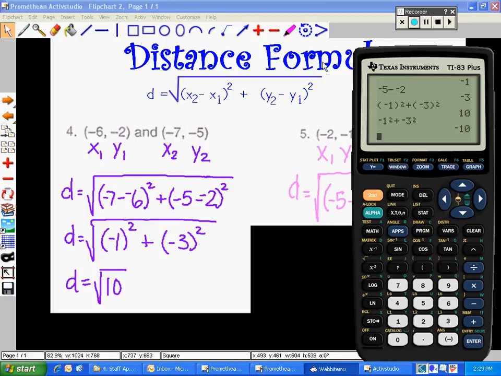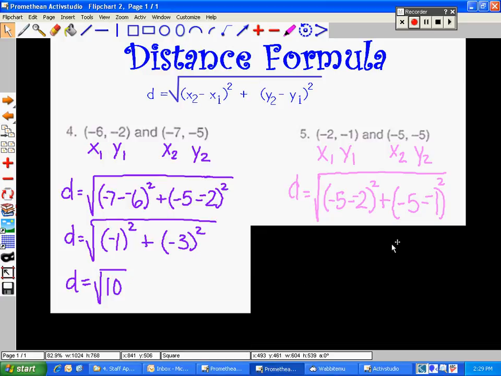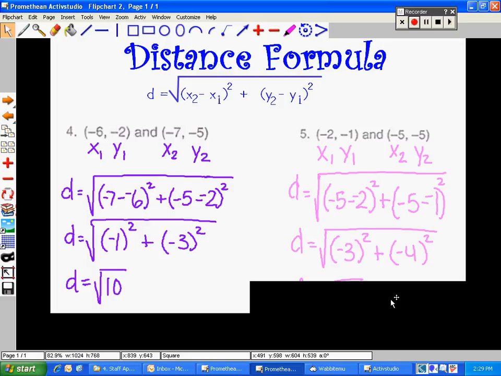I'm then going to type into the calculator -5 minus -2. I get -3. Then I'm going to simplify inside this parentheses, -5 minus -1. I get -4. Again, keep those numbers inside parentheses.